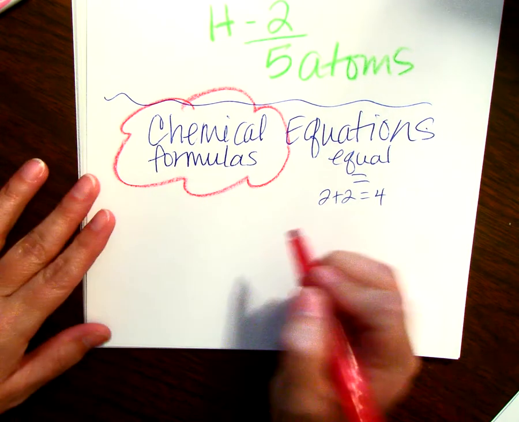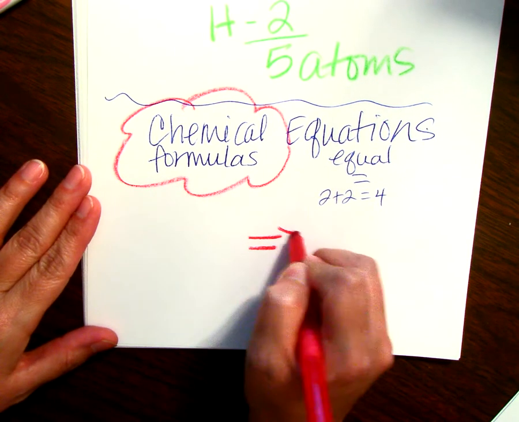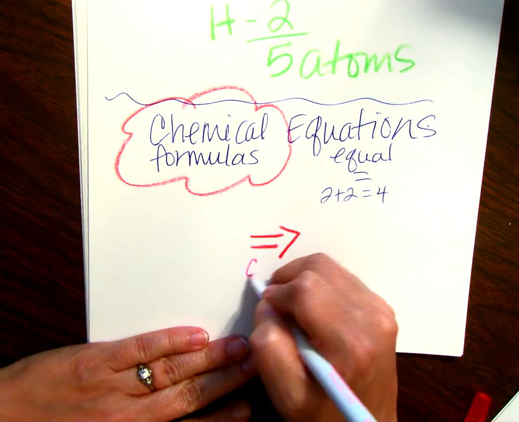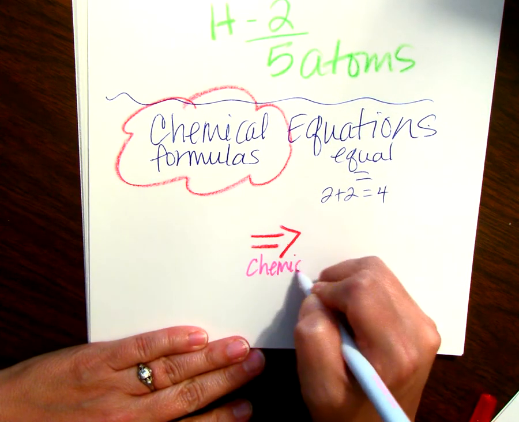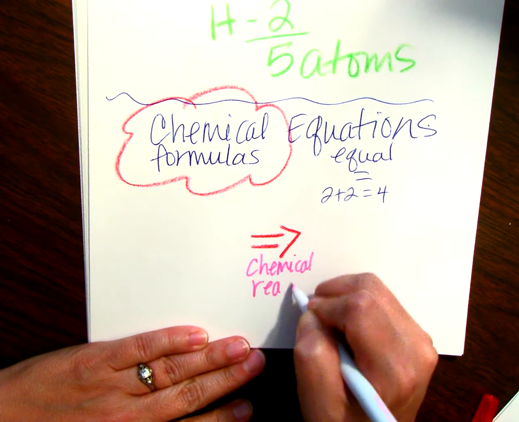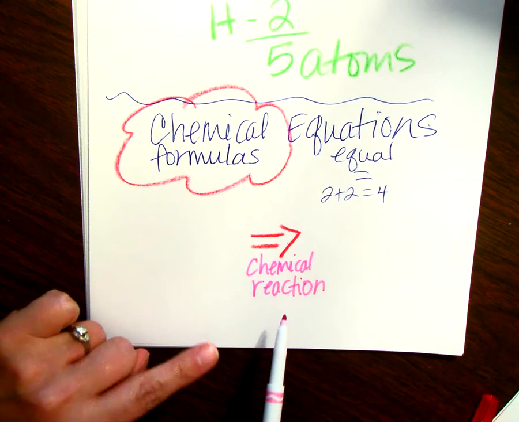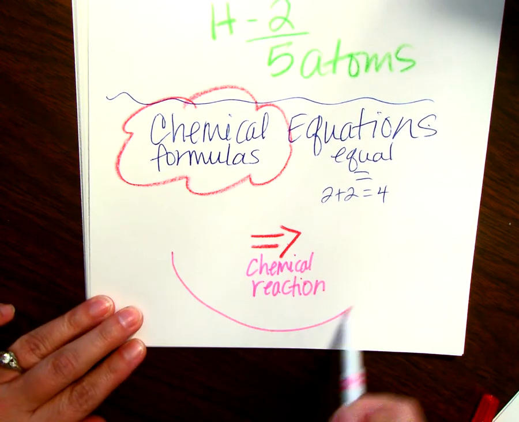So in a chemical formula, usually the equal sign will look like this. This tells you that there was a chemical reaction. And if you remember, chemical reactions mean that something was turned into something new.